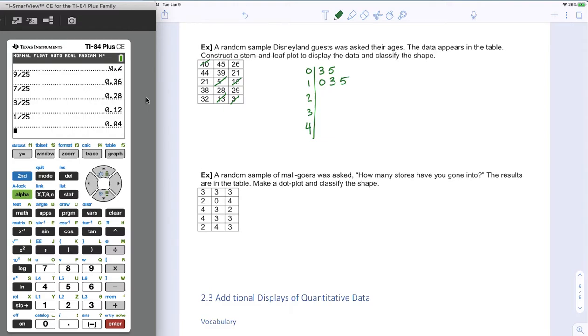And then people in their 20s, we have two 21-year-olds. We need to account for both of those. Trying to keep the numbers a consistent size. Then we have 26, 28, and 29. So 6, 8, 9.